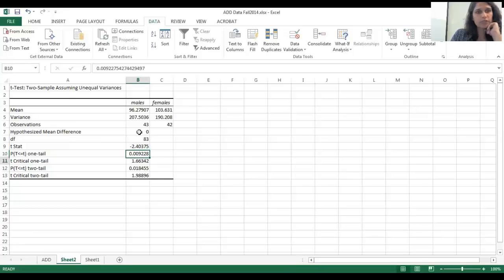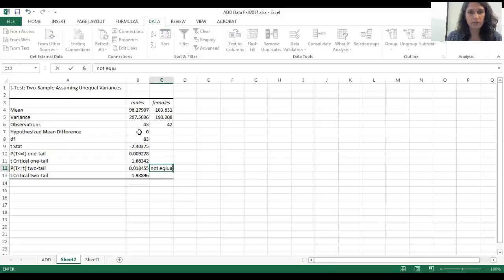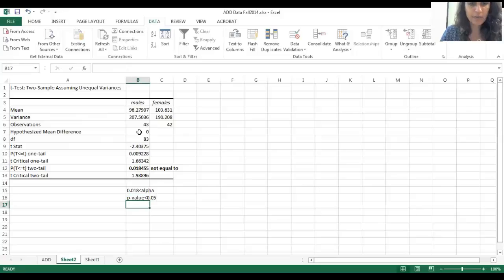We want a two-tail p-value because this was a not equal to. We're saying were they different. And our p-value is 0.018455. In other words, 0.018 is our p-value, and that is less than alpha. Remember, our p-value is less than 0.05 in this case, and so we would say reject the null.